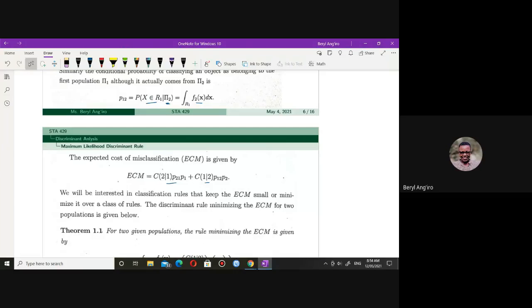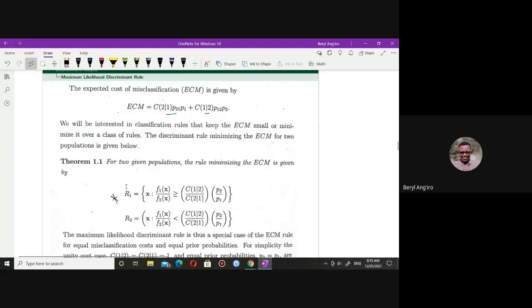We will be interested in classification rules that keep the expected cost of misclassification small, or minimize it over the class of rules. The discriminant rule minimizes the expected cost of misclassification for two populations. Given two populations, the rule for minimizing the expected cost of misclassification is given by R1 and R2.